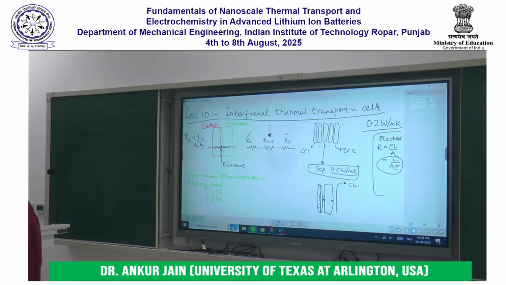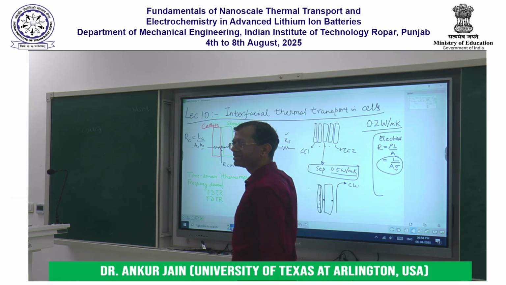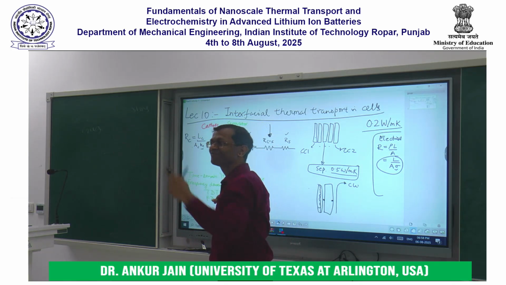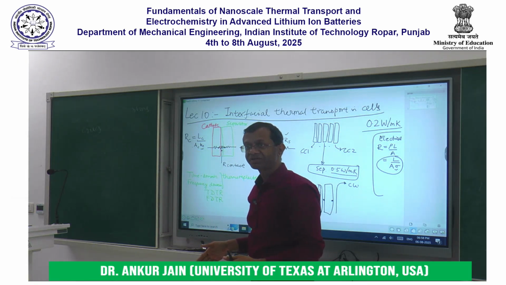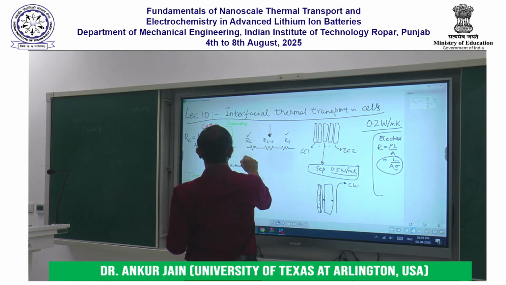No, no, there is not a ready connection between thermal resistance and electrical resistance. Remember that I have three thermal resistors in series. I have been able to find two of them by measuring the cathode and the separator alone. Now if I measure both of them together, that measurement will give me the total thermal resistance.